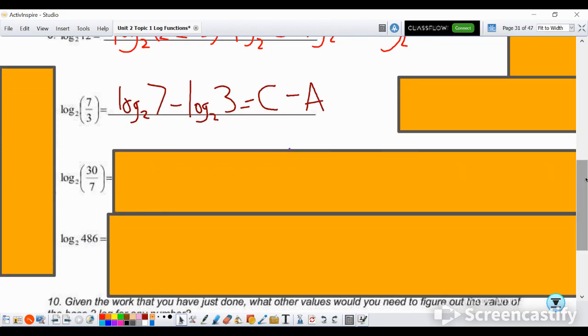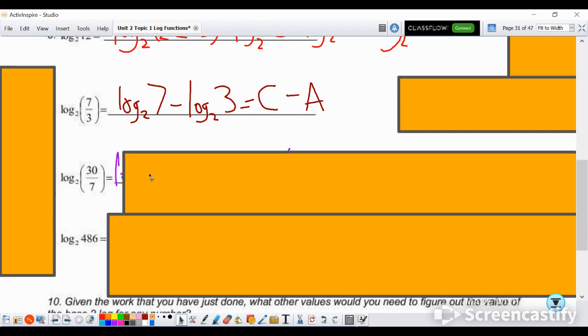Again, for log base 2 of 30 divided by 7, that is also the quotient rule changed into subtraction. So you want to break 30 in particular into multiples in the argument that obviously multiply to 30, but are also represented above in our number bank.